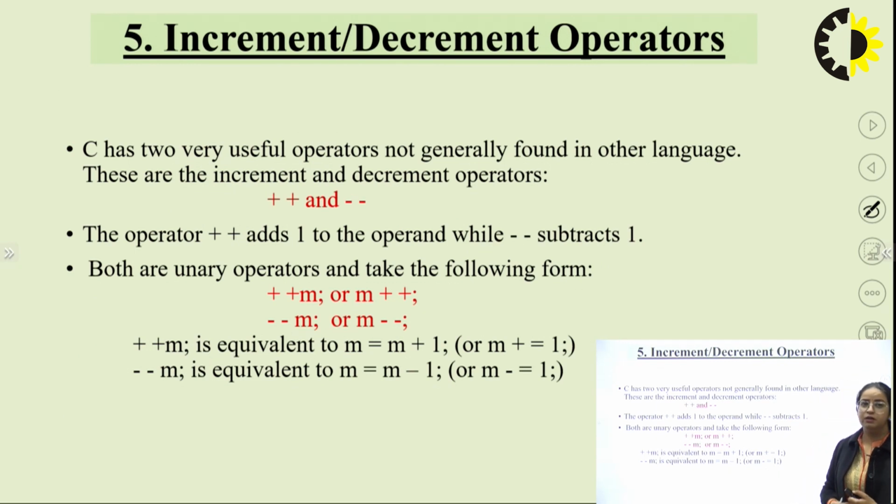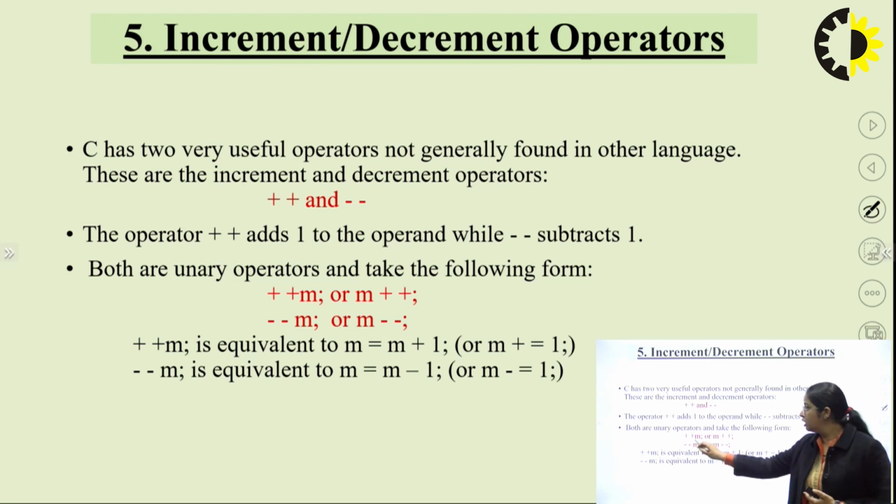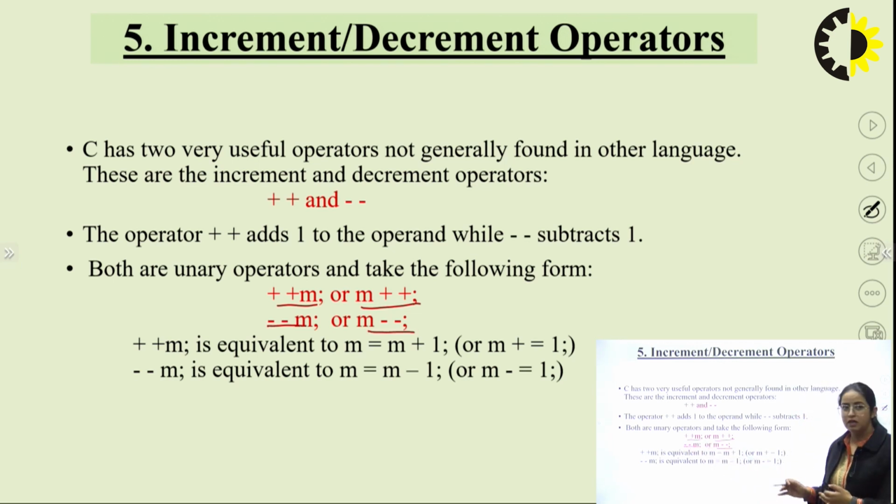Now next are the increment and decrement operators. Increment and decrement operators are basically unary operators, where we use only one operand. Like if you are using plus plus m or m plus plus, or minus minus m or m minus minus, what does it mean?